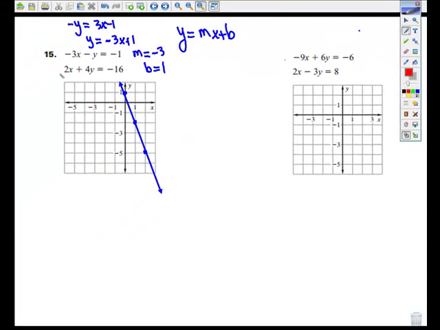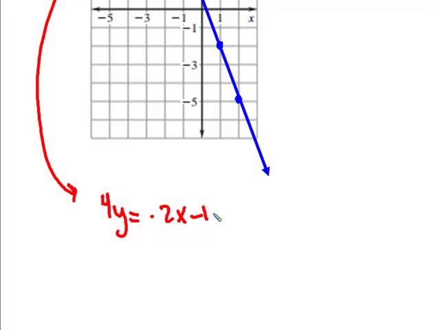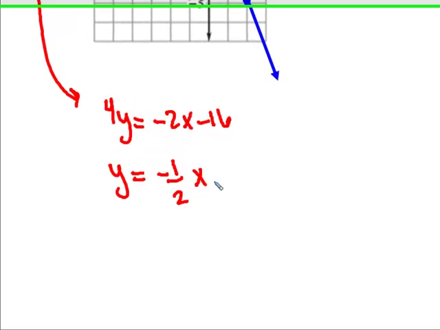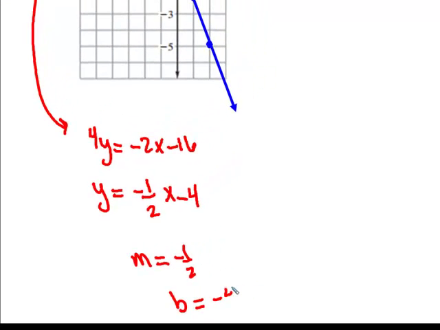And then this next one I'll just put down here. I will subtract the 2x, so 4y equals -2x minus 16. Divide by the 4. So y will simplify this to -1/2 x minus 4. So my slope is -1/2, my y-intercept is -4.